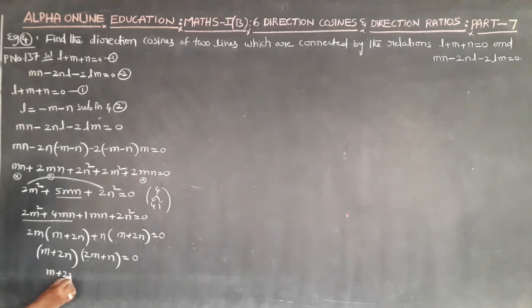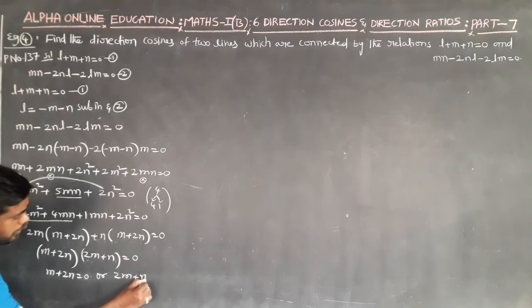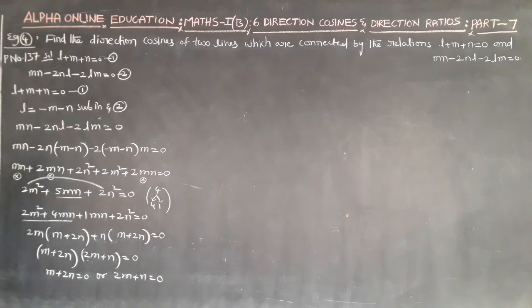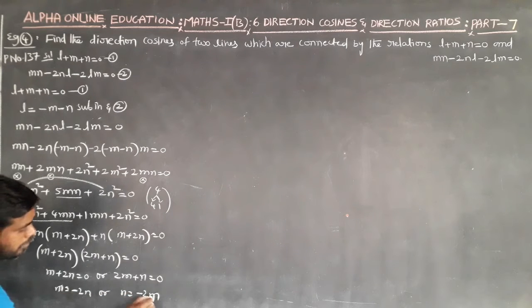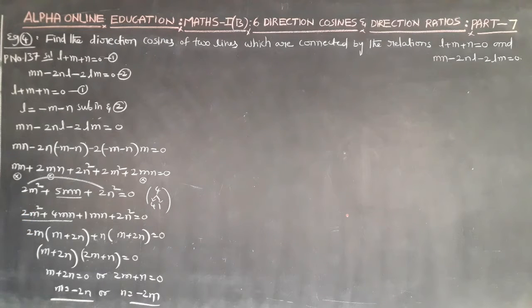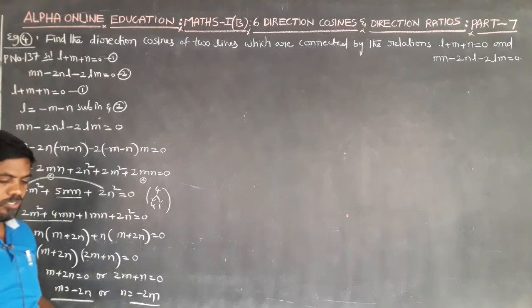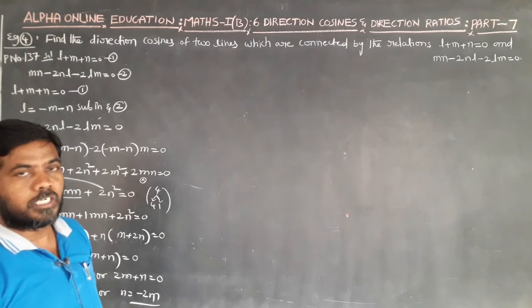Means m plus 2n is equal to 0 or 2m plus n is equal to 0. So m is equal to minus 2n or n is equal to minus 2m.